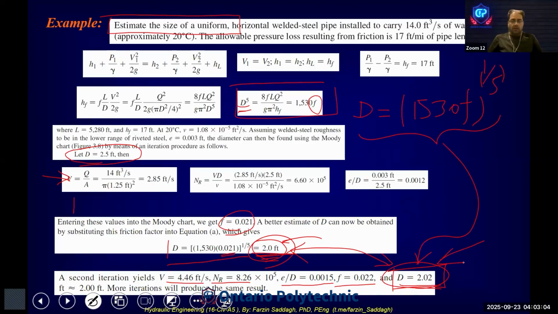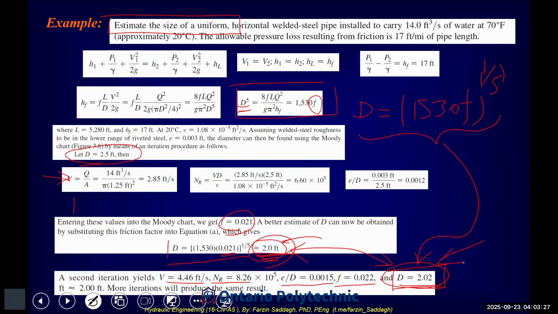When we reduce the cross section with the same discharge, we are increasing velocity, and when we increase velocity, we have more friction between the flow and the pipe. So finally, head loss is more than previous.